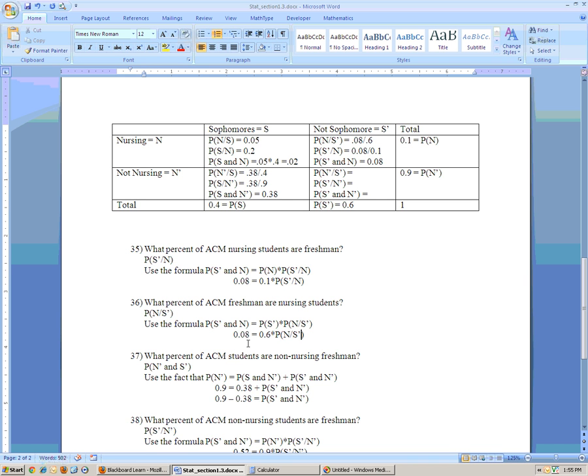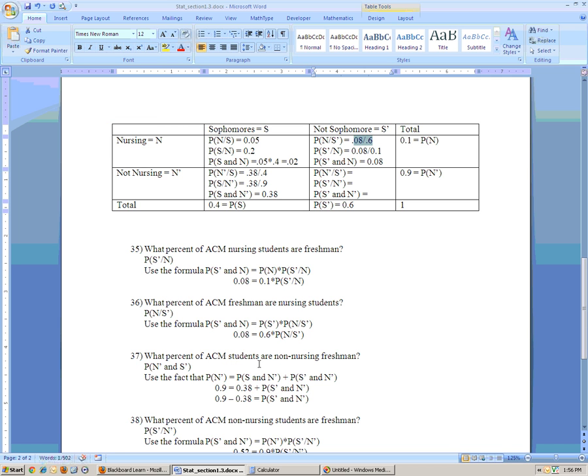So we take the 0.08 divided by 0.6. There it is right here. 0.08 divided by 0.6. Okay.